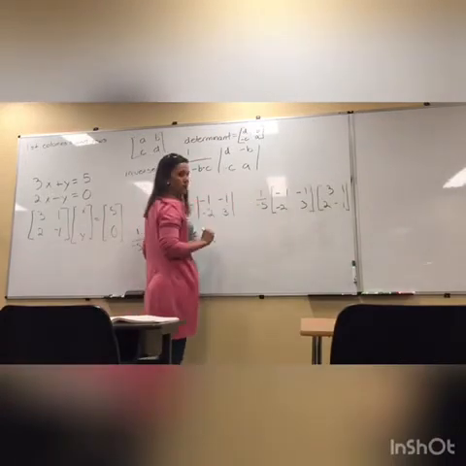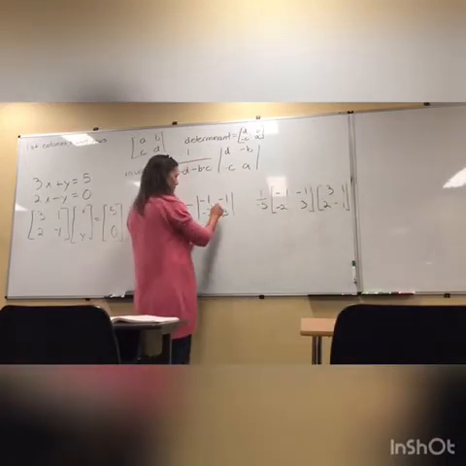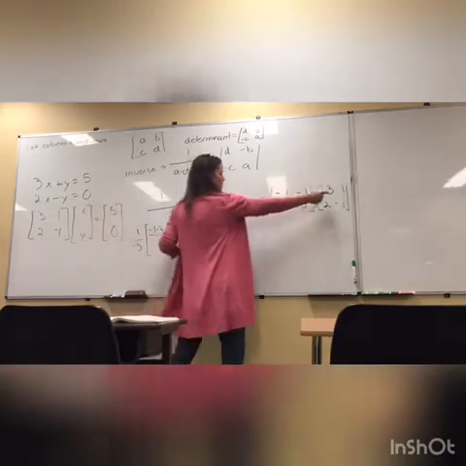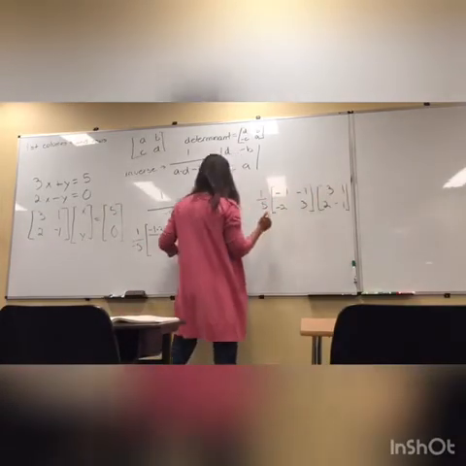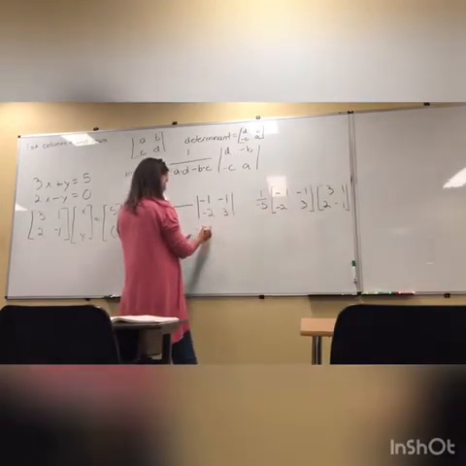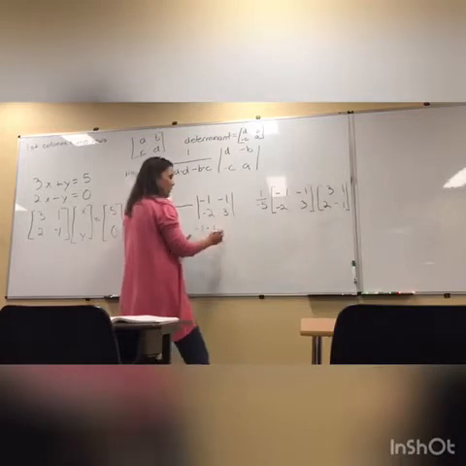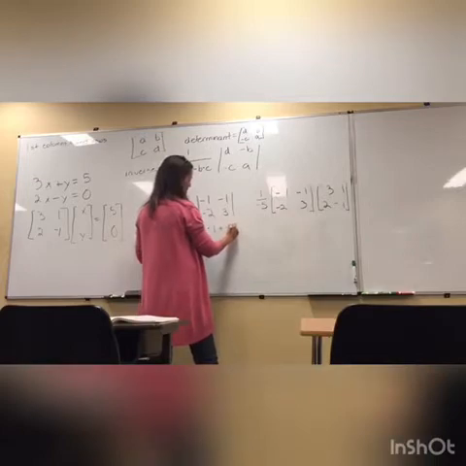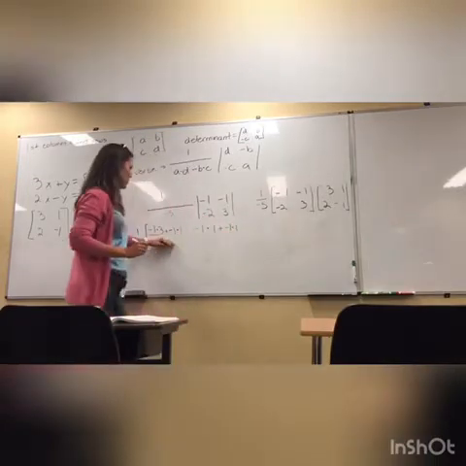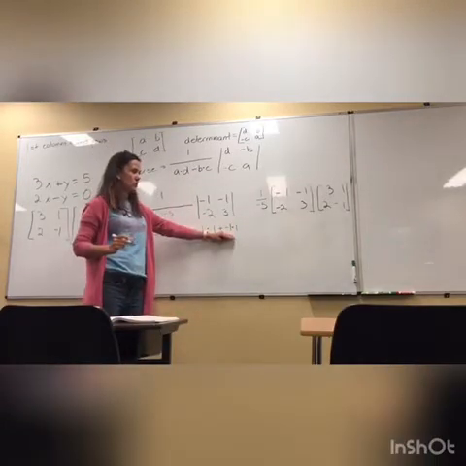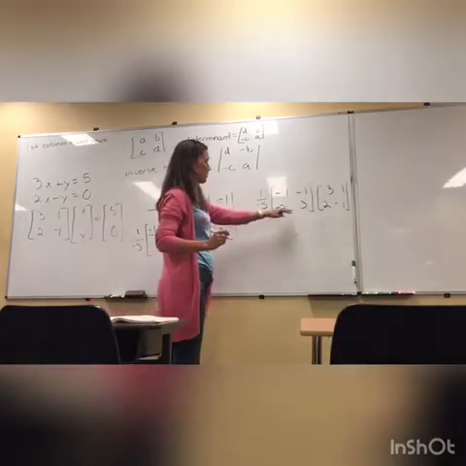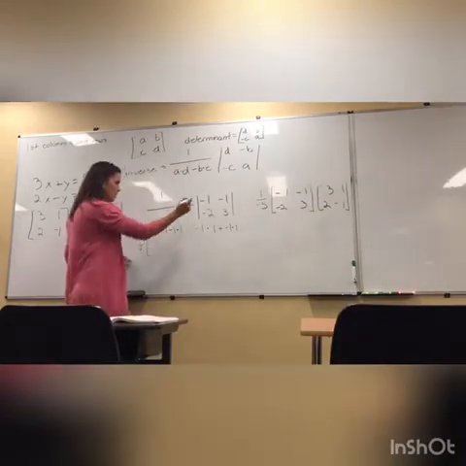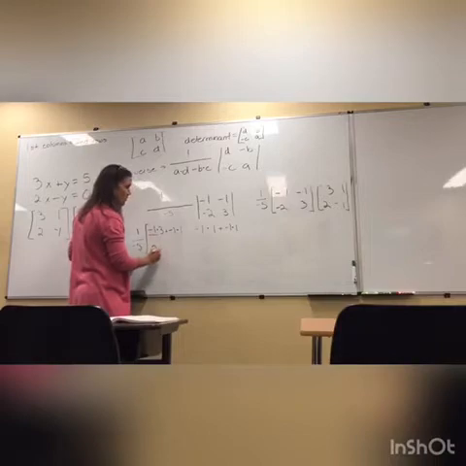Now I'm going to move on to first row, second column. So, I do negative 1 times 1. And then I do negative 1 times negative 1. Okay, so first row, first column, first row, second column. Now I'm going to move on to second row. Same thing, second row, first column is just going to be negative 2 times first column, so 3.